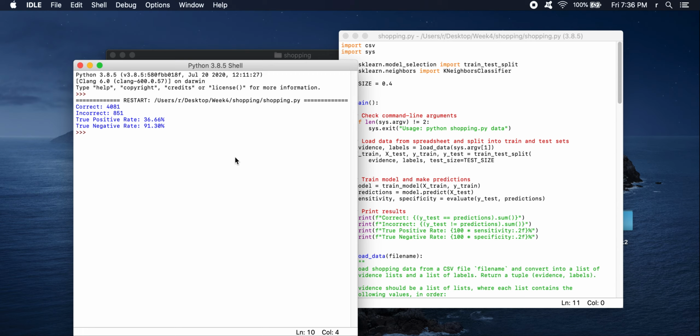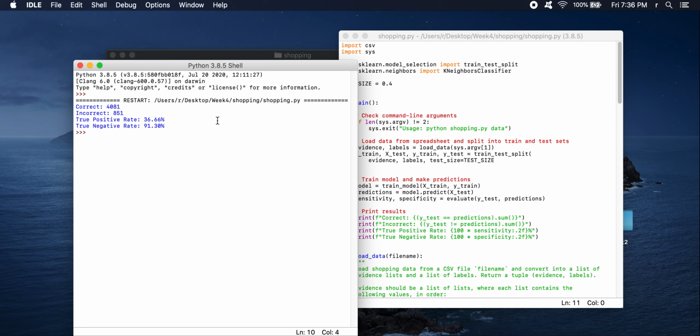So on that CSV file, in this instance that I ran it, 4,081 were correctly predicted and 851 were incorrectly predicted, which is sort of low from my past runs of this. The true positivity rate, or the sensitivity, is 36.66%.